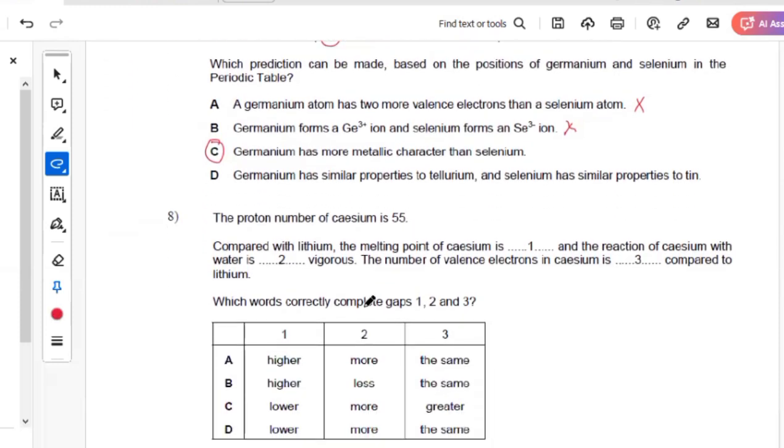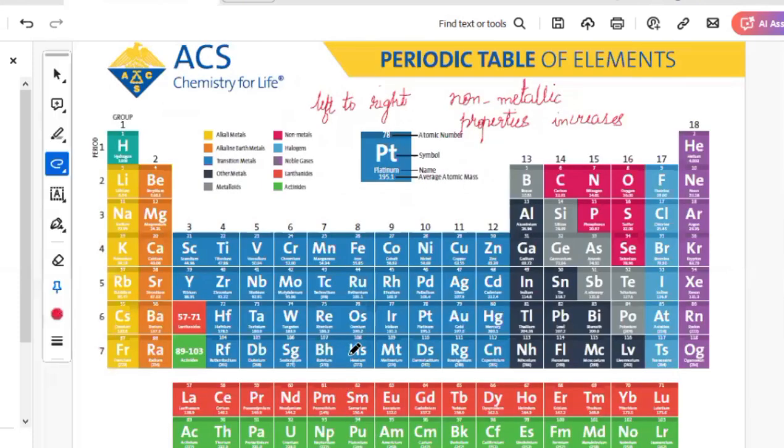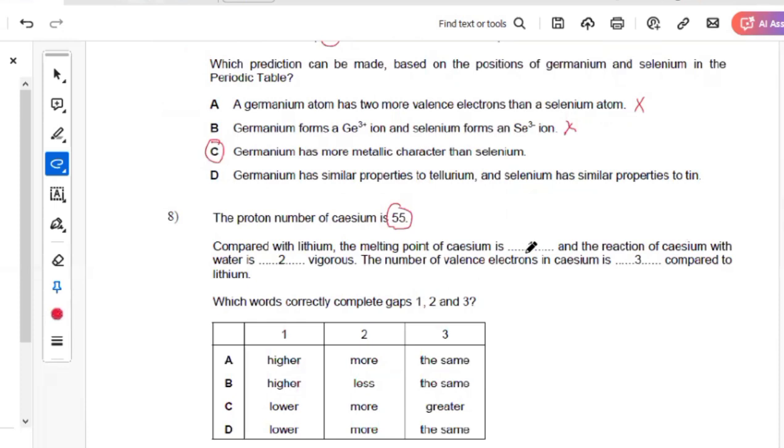Proton number of cesium is 55. If we see the proton number, that is 55, then if we see the periodic table here, yes, cesium is okay. So cesium belongs to group 1.